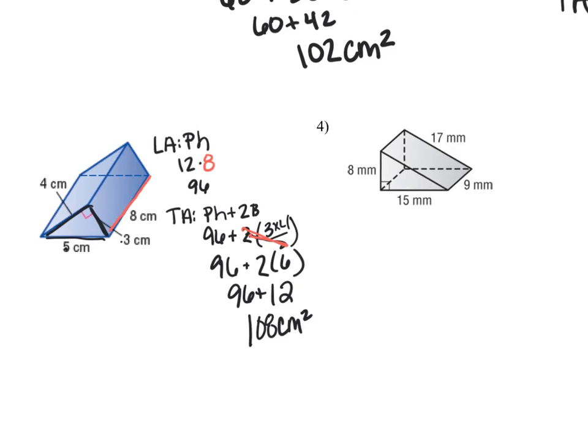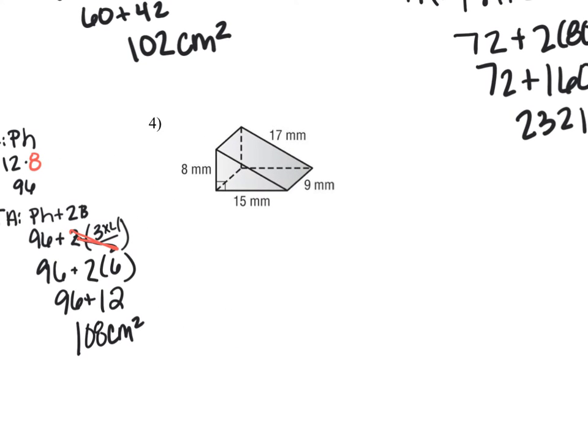Okay, let's do this last one real quick. Lateral surface area. It's the perimeter of the base times the height. So Isaac, what's the perimeter?